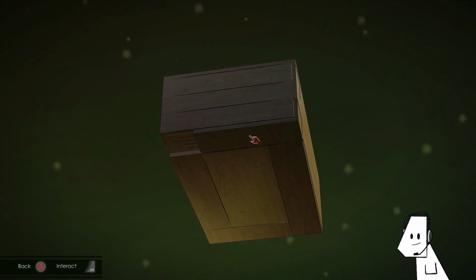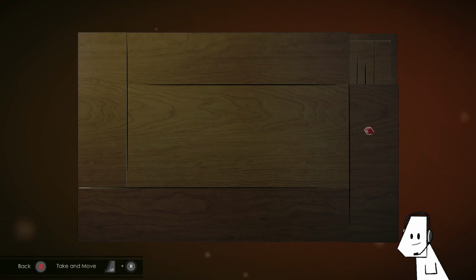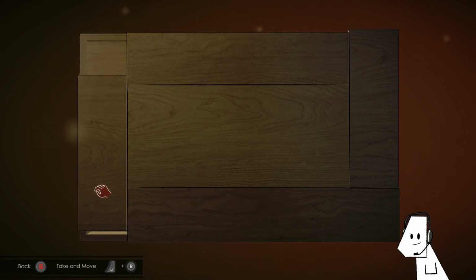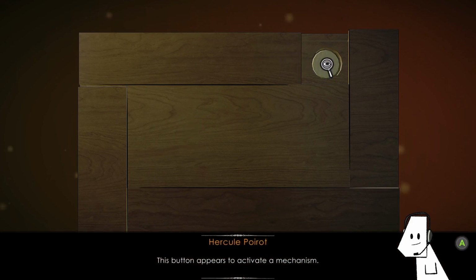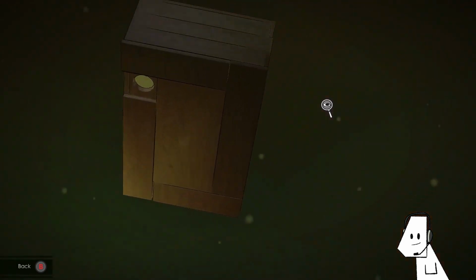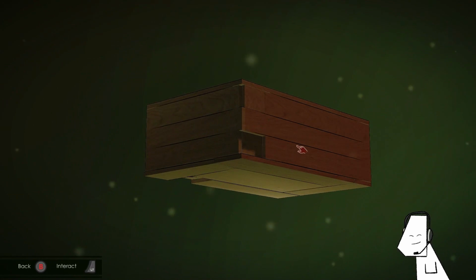Oh, hello. Okay, we're making some progress here. This button appears to activate the mechanism. Right, I can see that this one is now movable.